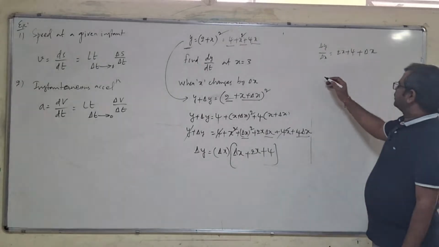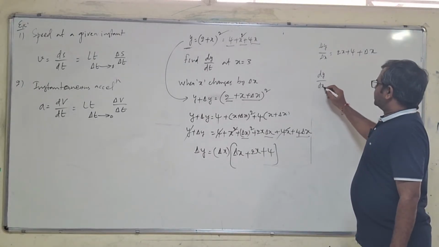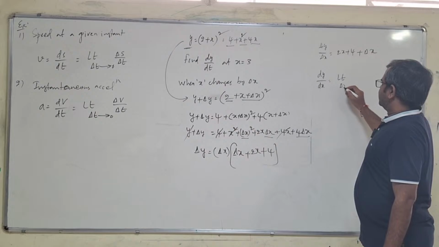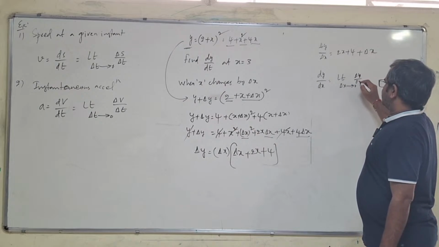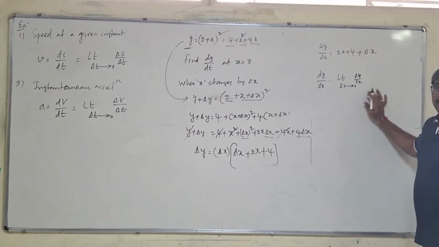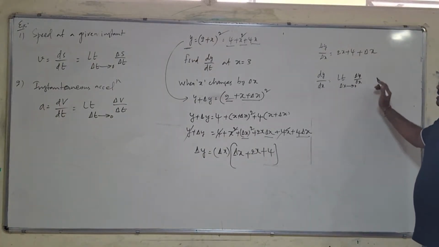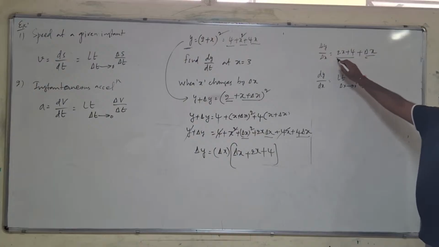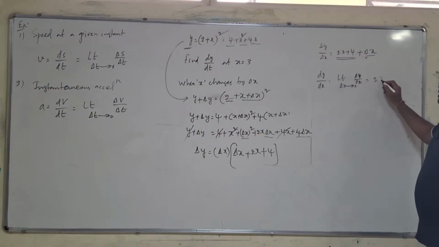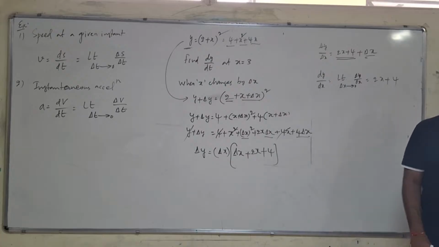Look here. What is dy by dx? As delta x approaches 0, delta y by delta x is called dy by dx. As delta x approaches 0, can I say this becomes negligible? So as delta x approaches 0, what is delta y by delta x approaching? 2x plus 4. You understand this?